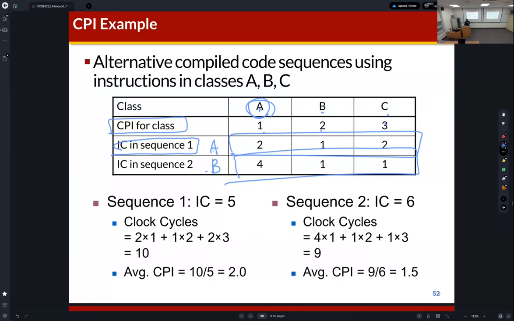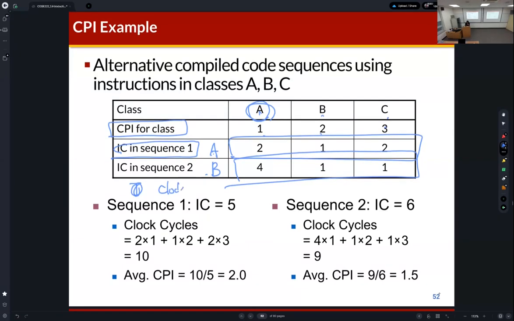Then how can you calculate the CPI? The definition of CPI is the clock cycles divided by instruction count, right? Because it's clock cycles per instruction.